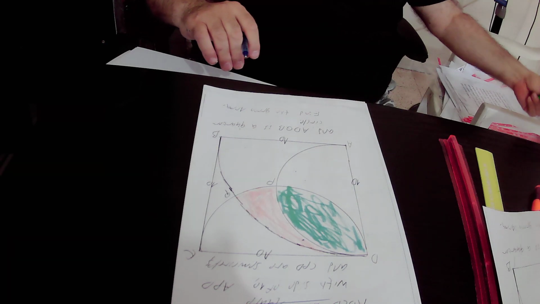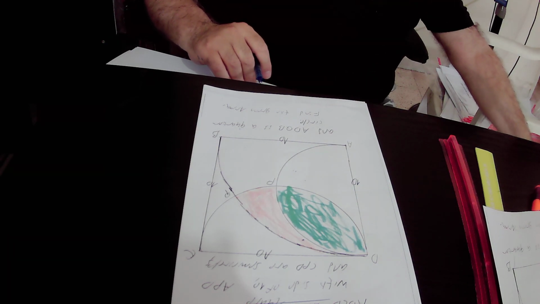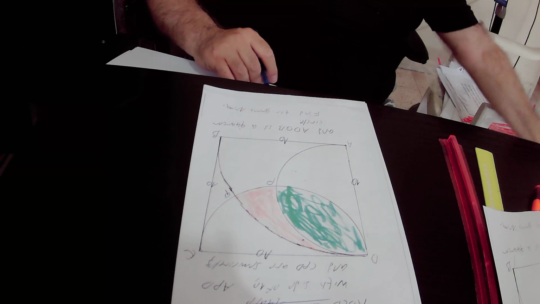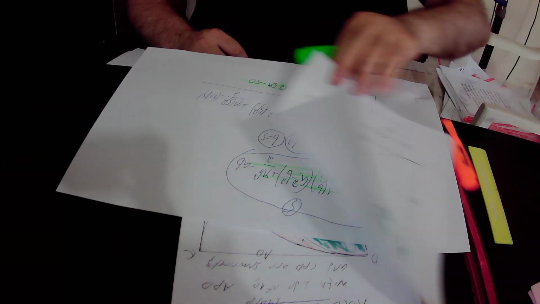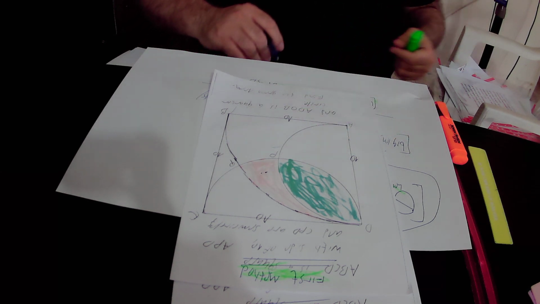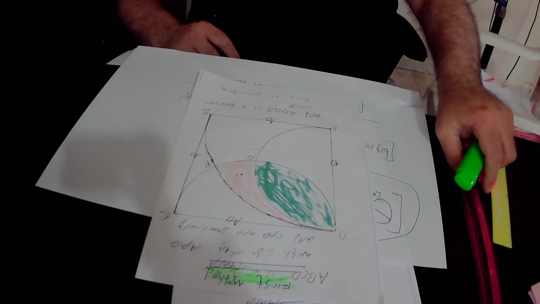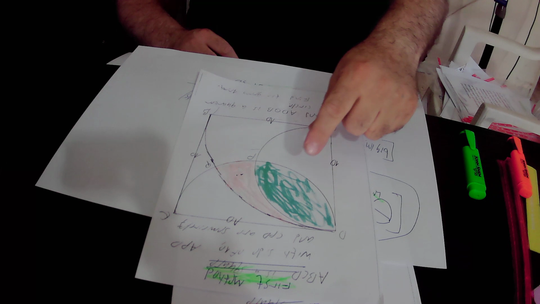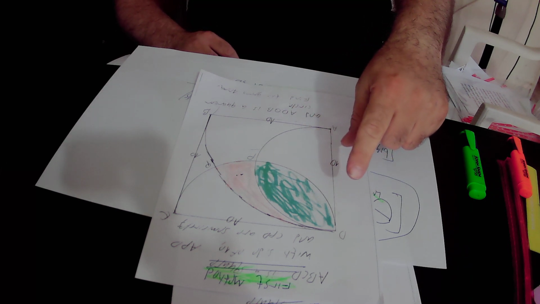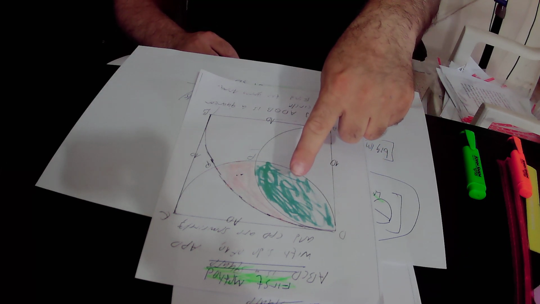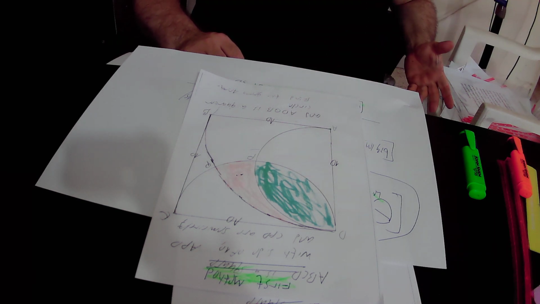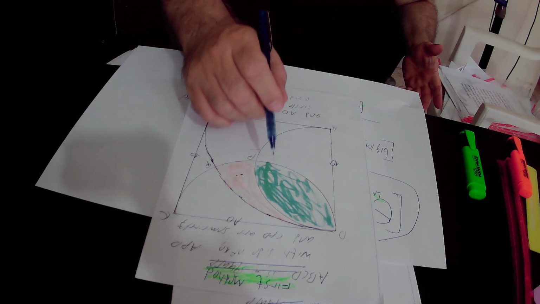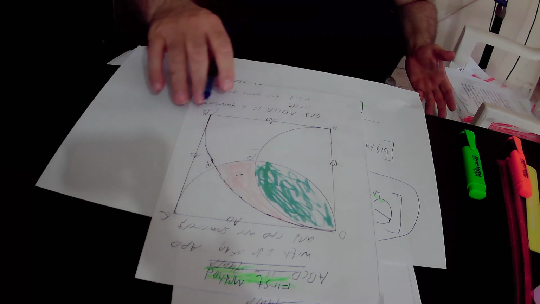In the next step, we'll find out the area of this blue lens. It's very easy to see from the drawing that the blue lens was created by the intersection of two semicircles, and we know that the radius of each semicircle equals 5 units.